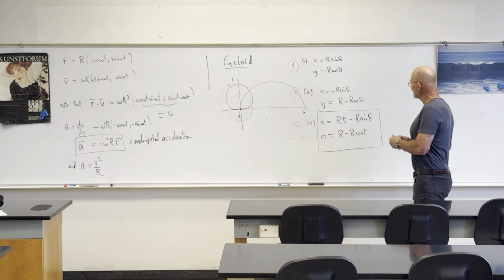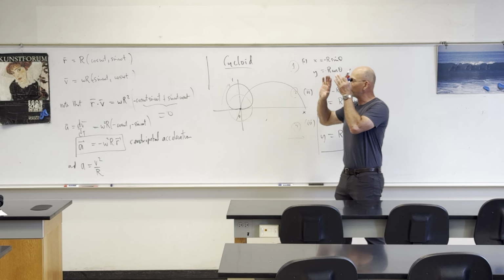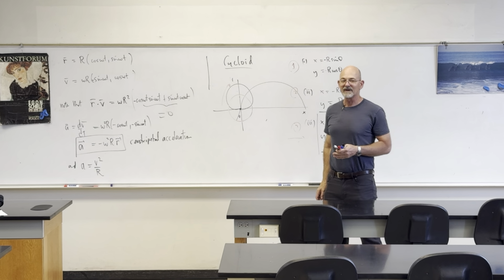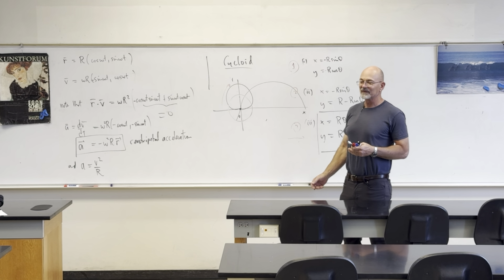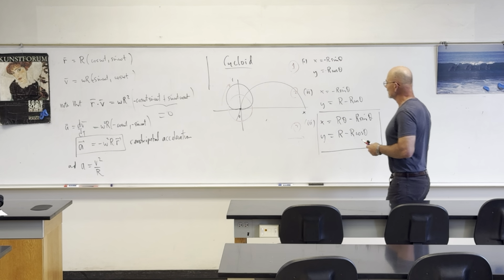So this generates this very interesting curve, and you've seen this if you've ever had a bicycle with reflectors on the wheels. Have you ever seen that? At night, they're going across the cross section and their reflector is going like that. Cycloid.